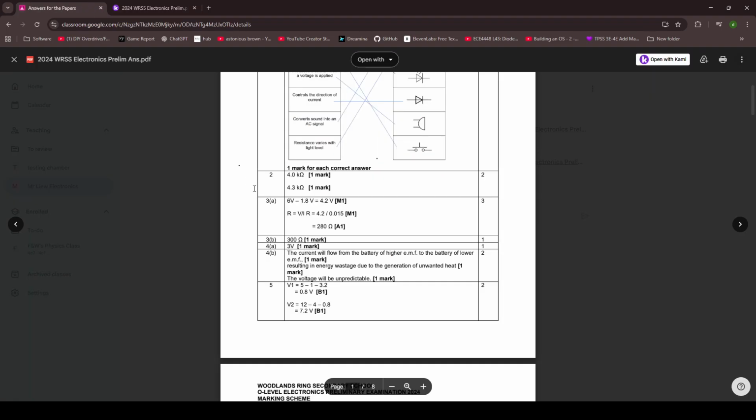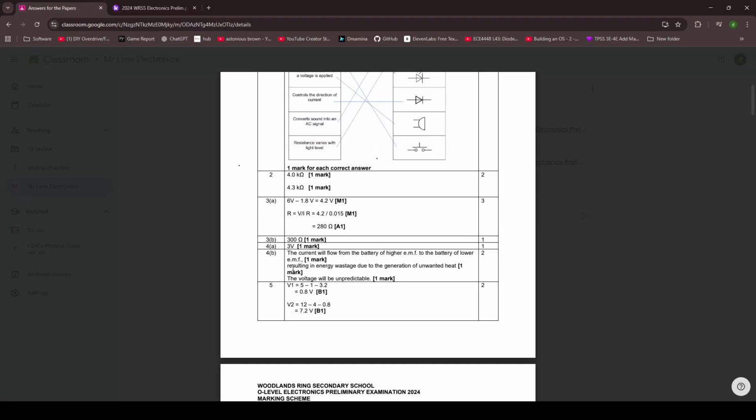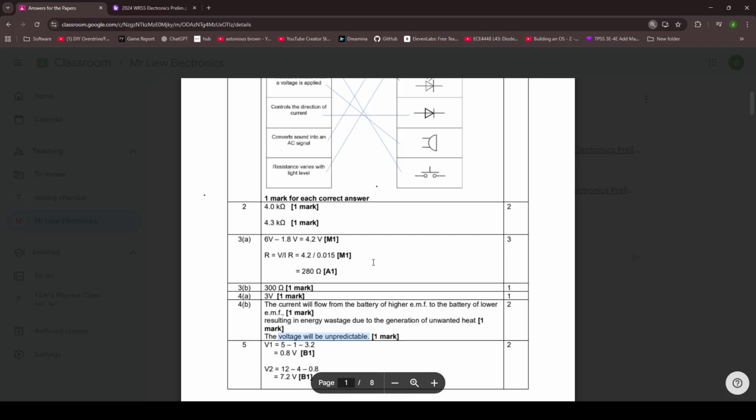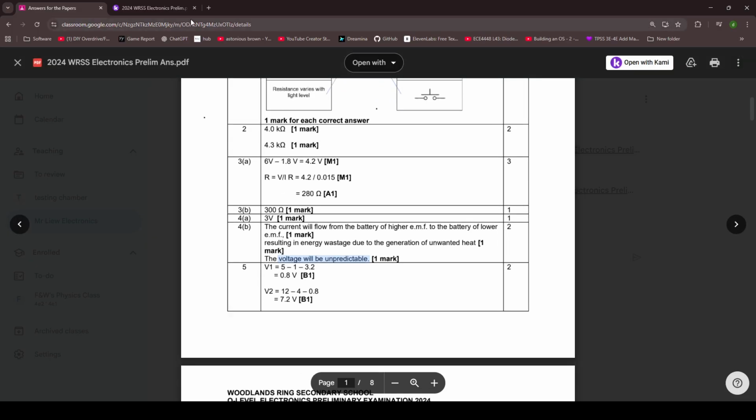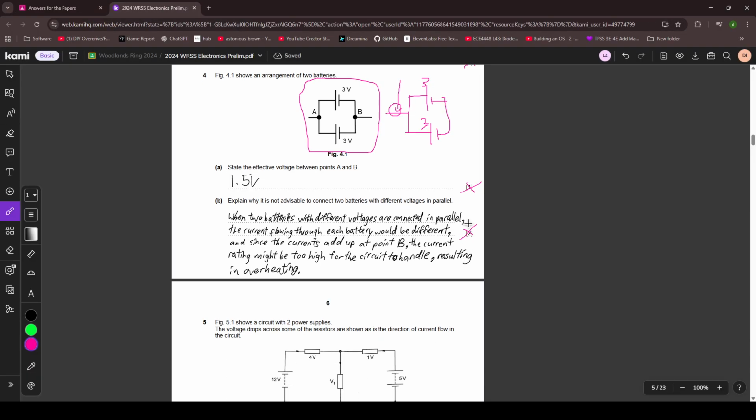The correct point is because it would result in energy wastage due to generation of unwanted heat and will cause the voltage to be unpredictable. So unfortunately you do not get any marks here.